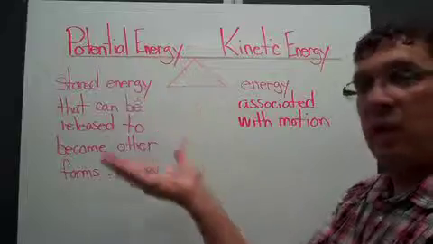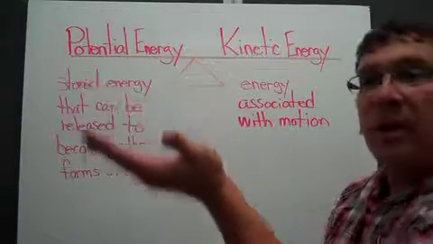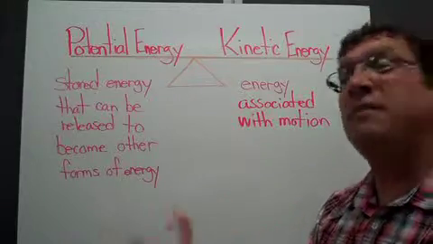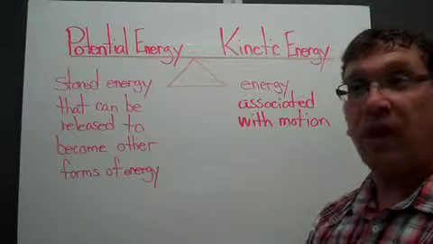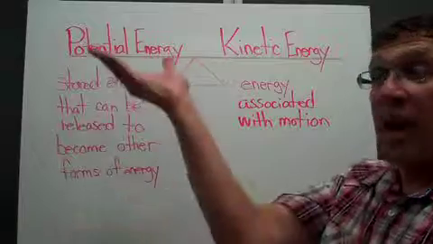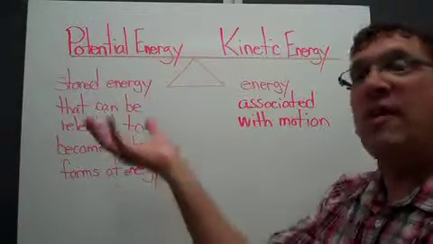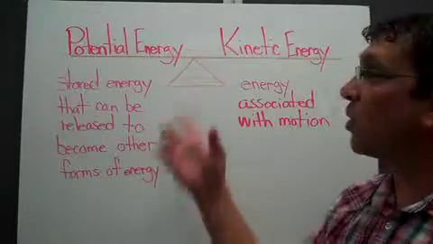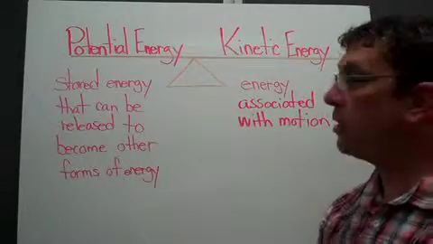So the way they work is if you build up a lot of potential energy, then that's going to be released to a lot of kinetic energy. And if you have a lot of kinetic energy at that point, you probably don't have much potential energy. So let's take a look at how these two things work. And if you need more time, pause the video here.